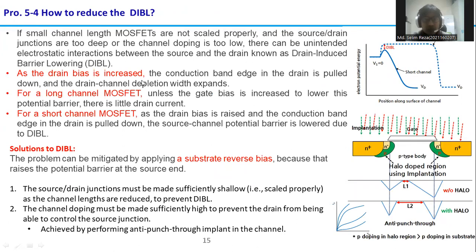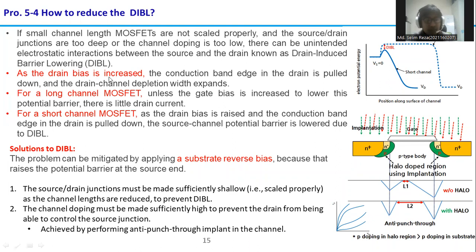So how to reduce the DIBL, that means drain induced barrier lowering? We know that for small channel length MOSFETs, if we scale them improperly in geometry, the source and drain junctions are too deep and the channel doping is too low, so there will be unintentional interaction between the source and drain, and this is called drain induced barrier lowering.